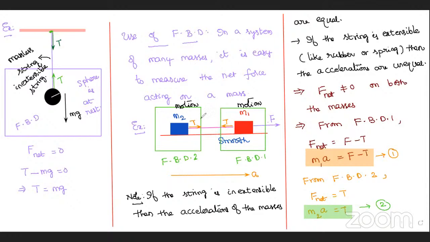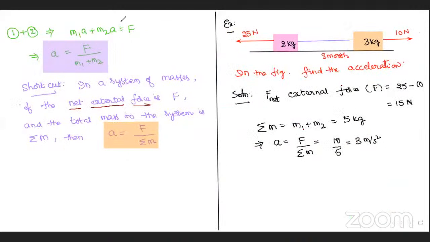In the same way here, 2 masses are connected. Force is applied on the first mass. That's why don't see the first mass, go to the second mass. Why? Because no external force is there. Then look at the tension: T is equal to, from the equation 2, this is again IP derivation.